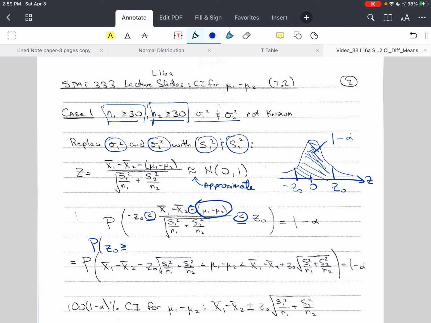It's greater than or equal to mu1 minus mu2 minus x bar 1 minus x bar 2, and then this is still over the square root of s1 squared over n1 plus s2 squared over n2.